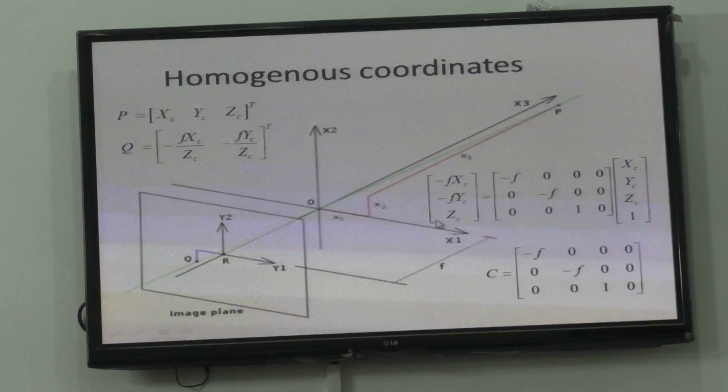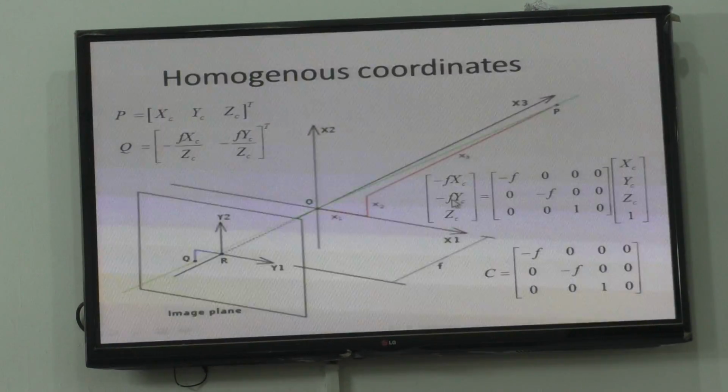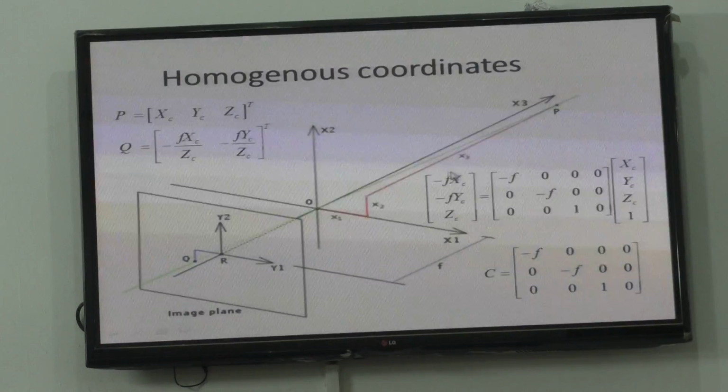Whatever I do, I stay in homogeneous coordinates. I get this result.